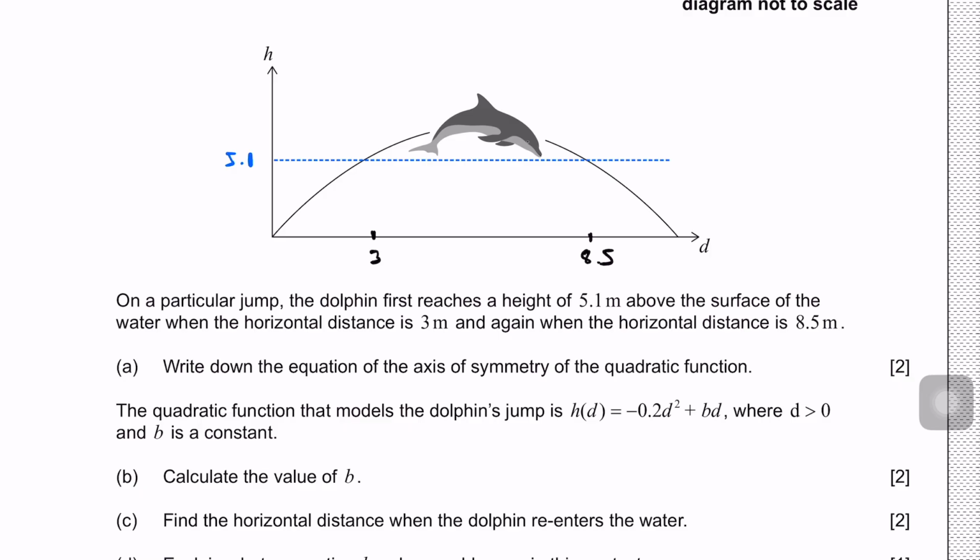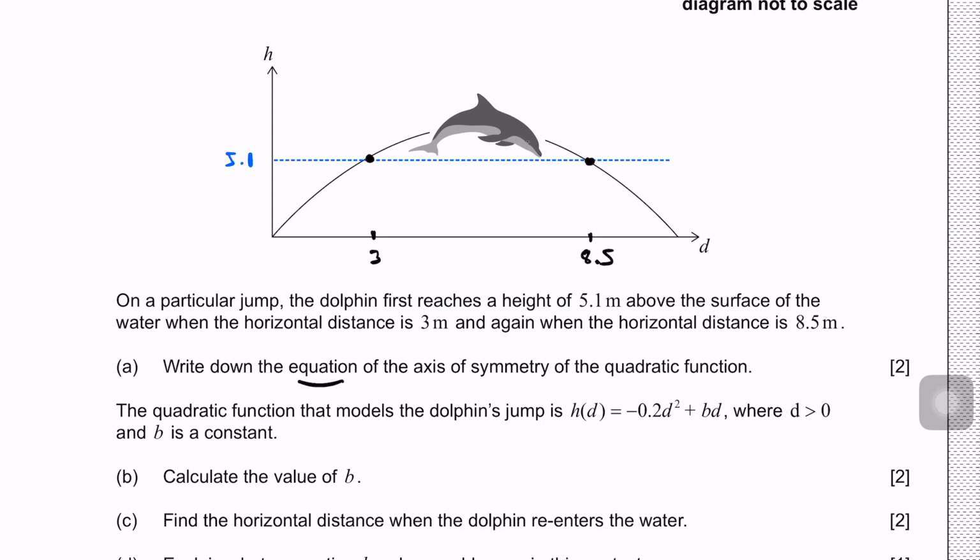There are 2 points at which this dolphin has a height of 5.1 meters. One's here, when it's 3 meters from the point where it broke the surface of the water, and then 8.5 meters away. Okay, so they're asking us the equation of the axis of symmetry.